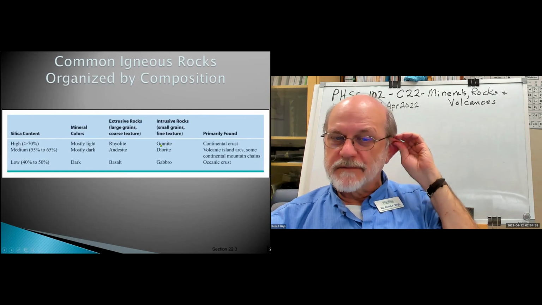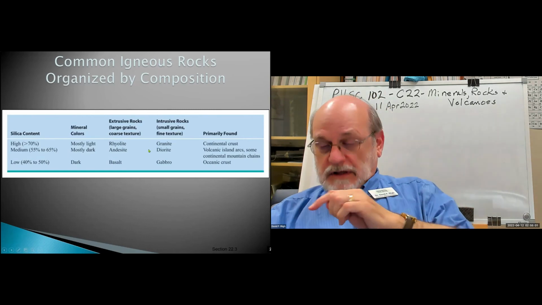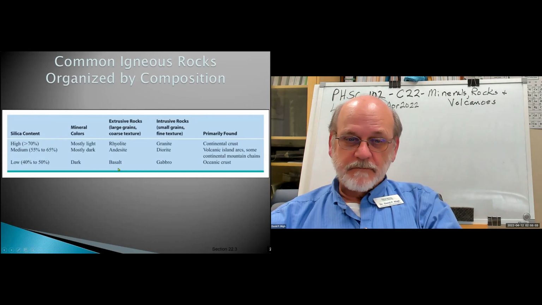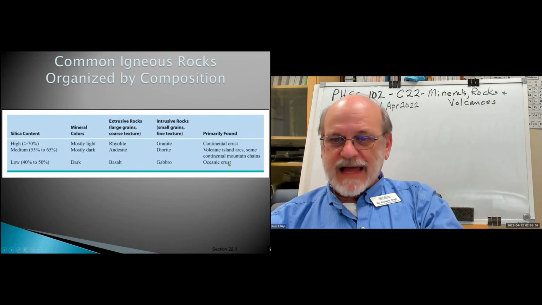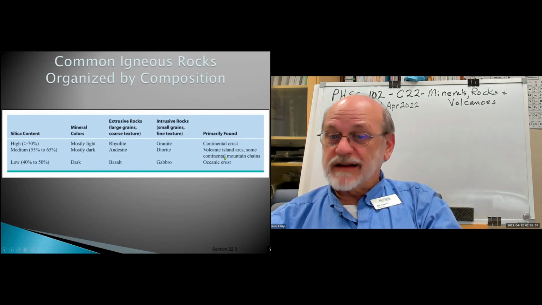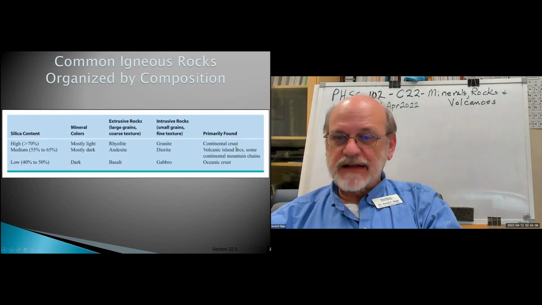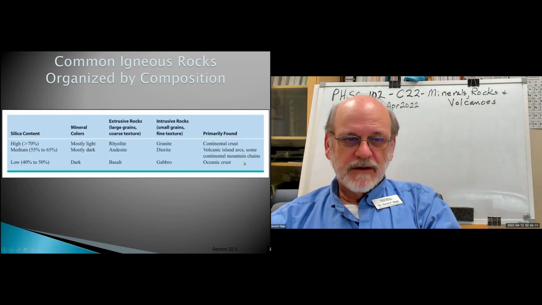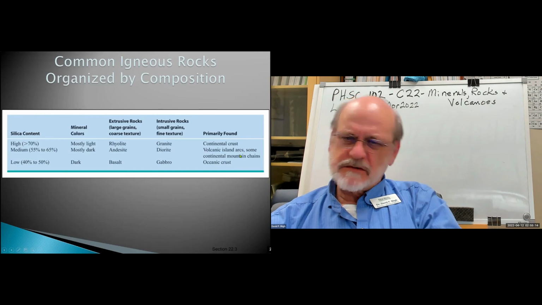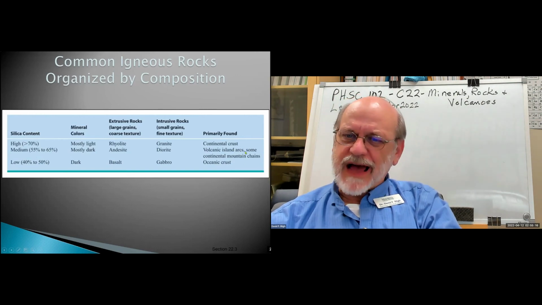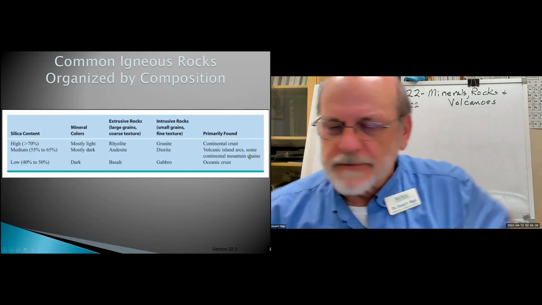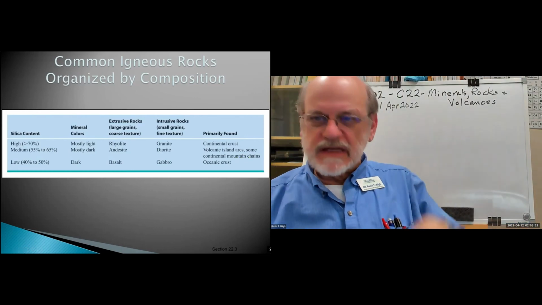Intrusive rock is granite. And where you're likely to find them. Continental crust, oceanic crust, mediums, volcanic islands, and some continental mountain chains will tend to be in the middle somewhere.